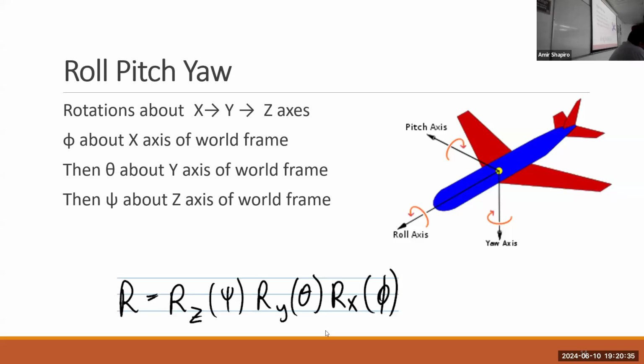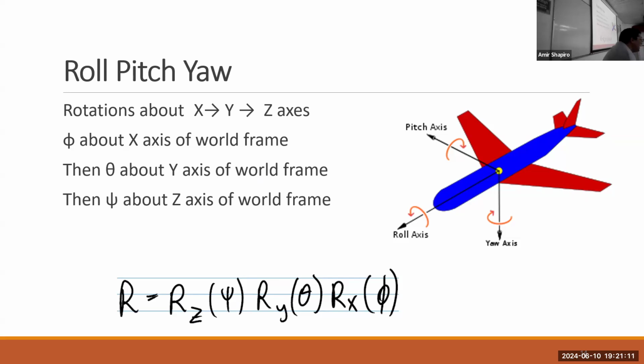Another way to parameterize the rotation matrix is by 3 angles called roll, pitch, yaw, which are rotations around fixed axes, around the x, y and z of the global frame, the world frame. So phi about the x-axis of the world frame, then theta about the y-axis of the world frame, and then psi about the z-axis of the world frame.